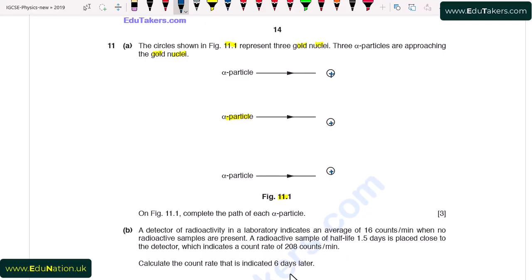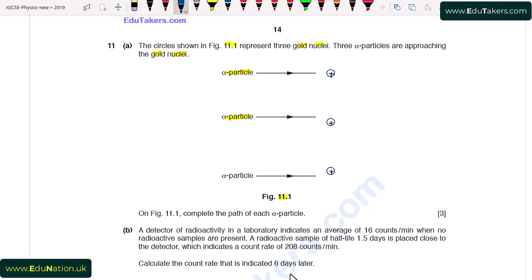On figure 11.1, complete the path of each alpha particle. For the first alpha particle, we can see that it is approaching the gold nucleus going in a straight line. We know that alpha particles are also positively charged because these are helium nuclei. That's why the two positively charged nuclei repel each other, and the alpha particle will be deflected in the backward direction in this case.